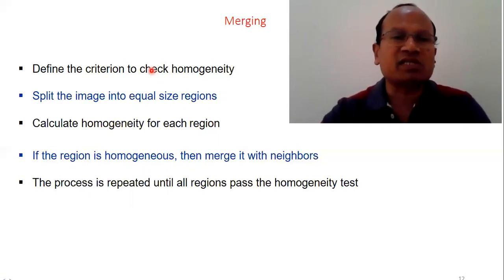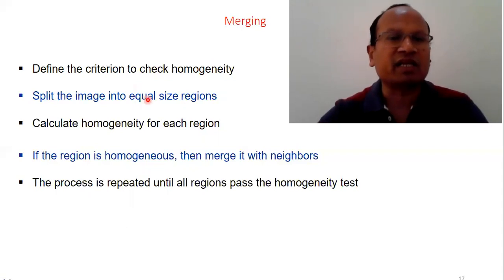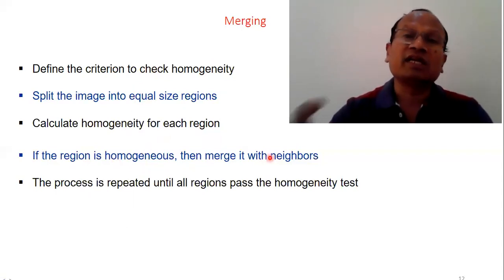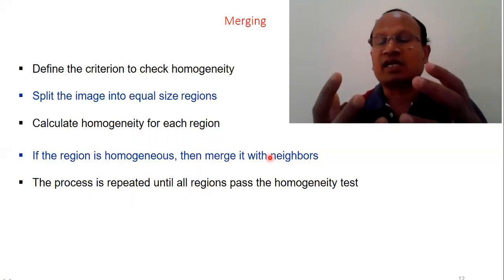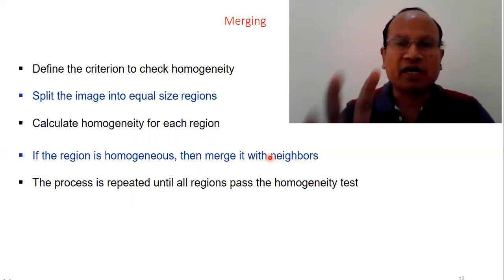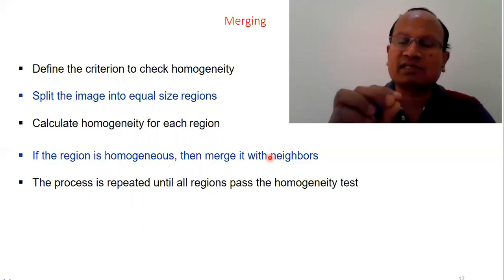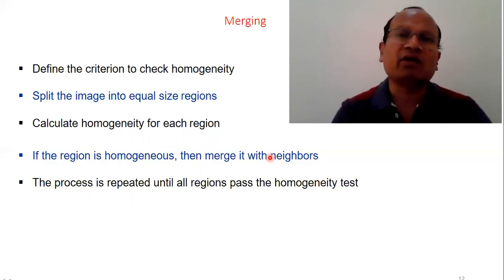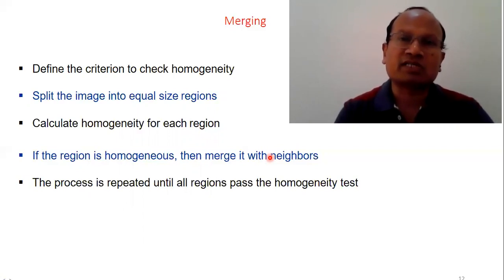and then split the image into equal size, that is the splitting, then calculate the homogeneity. If the region is homogeneous, then merge it with the neighbors, right? If the condition for uniformity is satisfied, we find that the uniformity exists between the two based on some metric or measure, depending on either intensity, grayscale, pixel value, color value, or texture value.